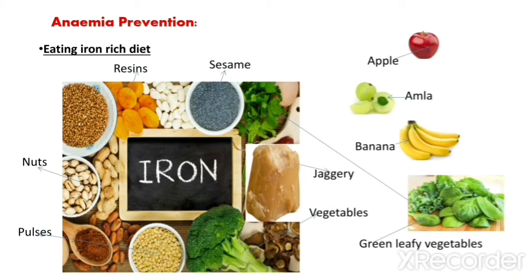How can we prevent ourselves from this disease? One should take an iron-rich diet like raisins, sesame, nuts, pulses, apple, amla, banana, jaggery, vegetables, green leafy vegetables, etc. These are highly rich in iron.